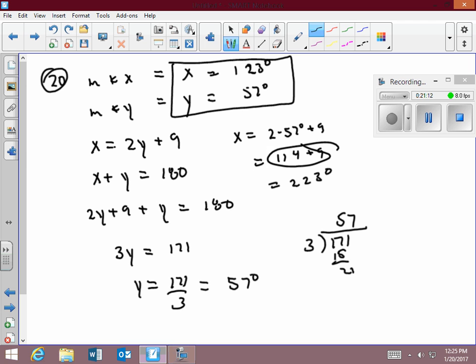Okay. Here's one that tests your brain. It says 3 points are located in a plane. There is one line that can be drawn through them if the points are collinear.